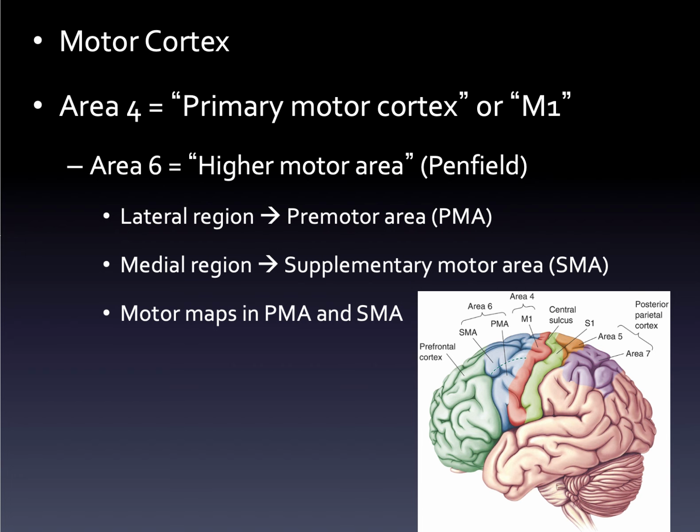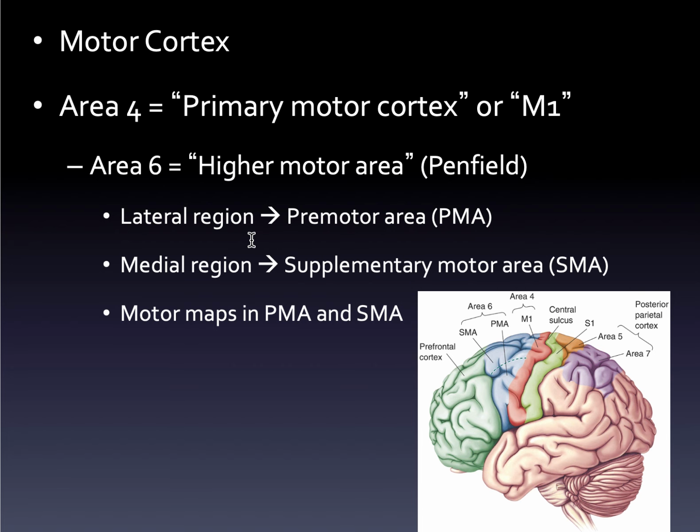And we know that lateral, the premotor area, provides output to the proximal neurons, and medial, in the supplementary motor area, provides output to distal neurons, right? So direct control of different regions of alpha motor neurons. And then we also know that all three of these areas have motor maps.